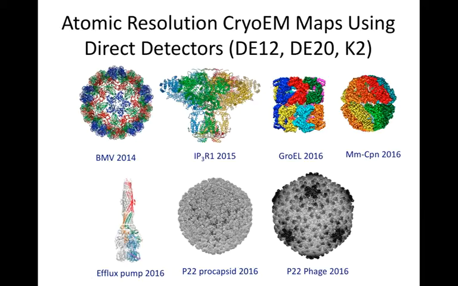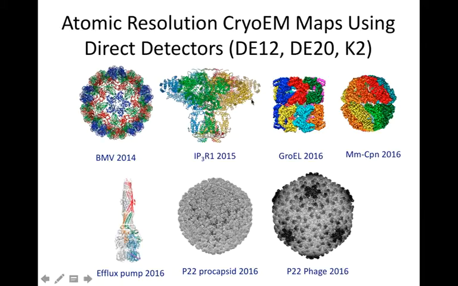In our experience with this new direct electron detector, we were able to improve our resolution of some of the old specimens by 1 to 2 angstroms. This is relatively significant because at these near-atomic resolutions around 4 or 5 angstroms, if we can improve by 1 or 2 angstroms, it would allow us to not only trace the backbone, but also to resolve the side chain density in the protein molecule as well.